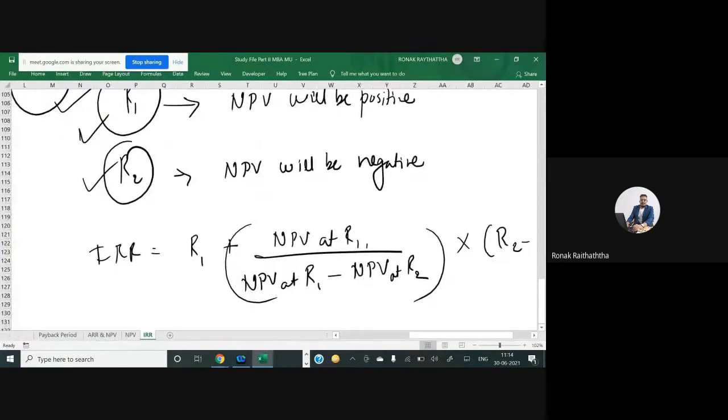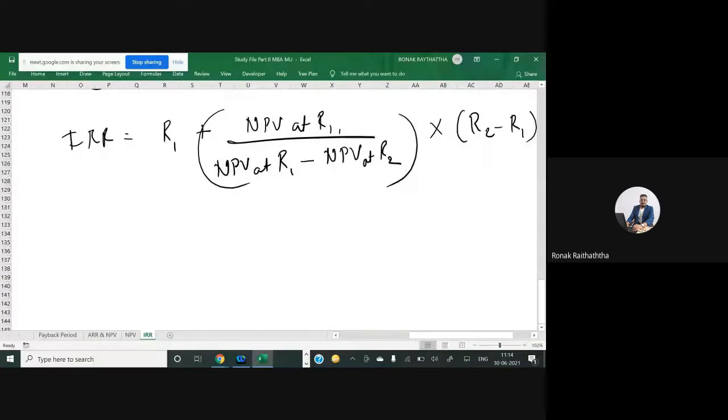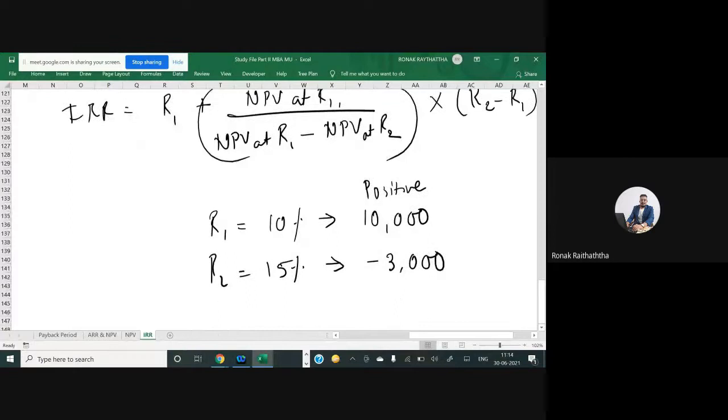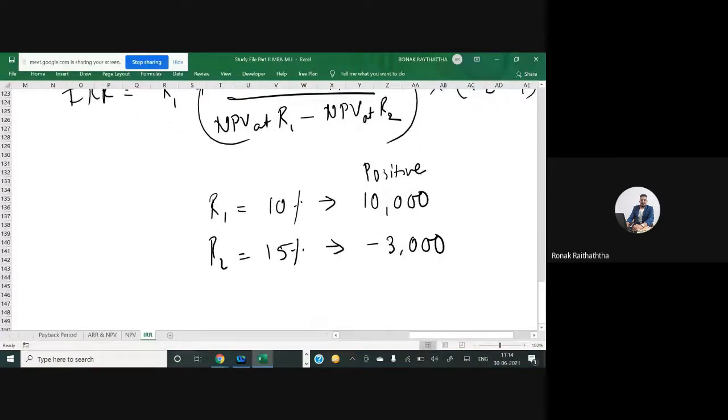So my friends, let me give you one example. Say at R1, and R1 is 10%, NPV is 10,000. Positive. A hypothetical example. Then there is an R2 which is 15%, where NPV is say minus 3,000. So you can at least comment that your actual rate of return will be somewhere between 10 to 15%.